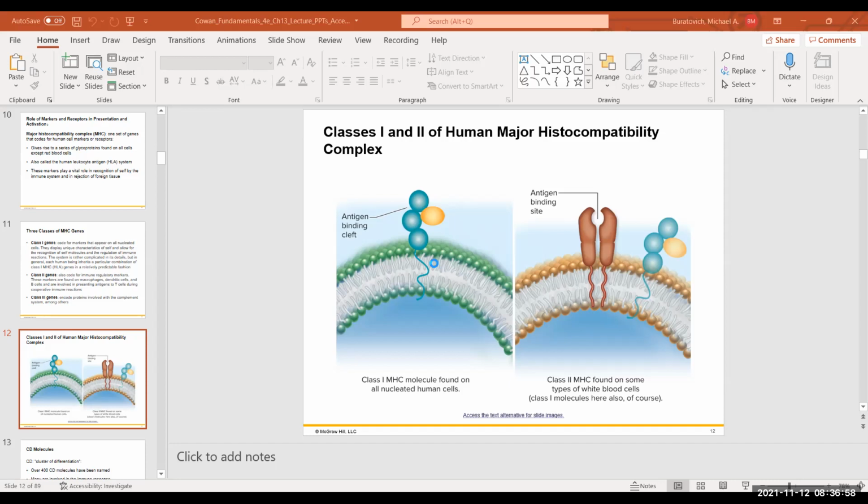You'll take one of those variable chains put it next to one of the diversity chains. You'll take one of those diversity chains, put it next to one of those joining chains, and those will be paired with the constant region. And that's essentially the particular antibody that you'll make. That can generate a lot of diversity.